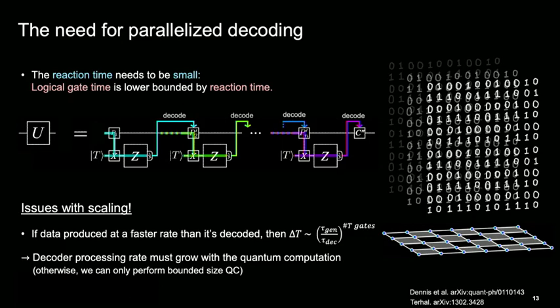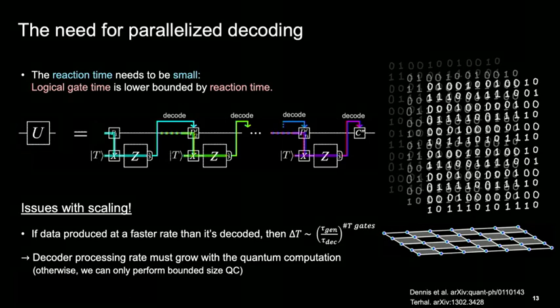You're doing measurements to try and identify locations of errors. And then this can cascade if your decoder is not decoding at a fast enough rate. And you end up with an exponential slowdown in terms of the number of T gates. So you lose all quantum computational advantage in this setting if your decoder is not fast enough.